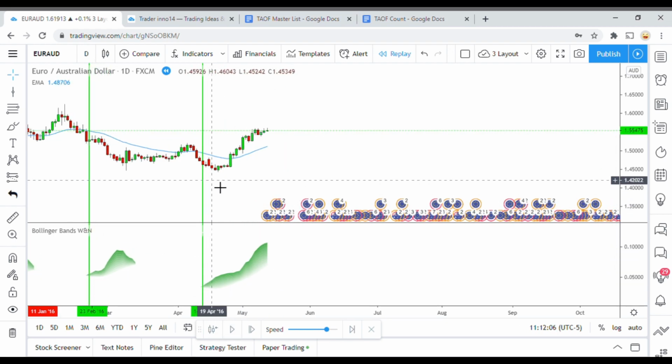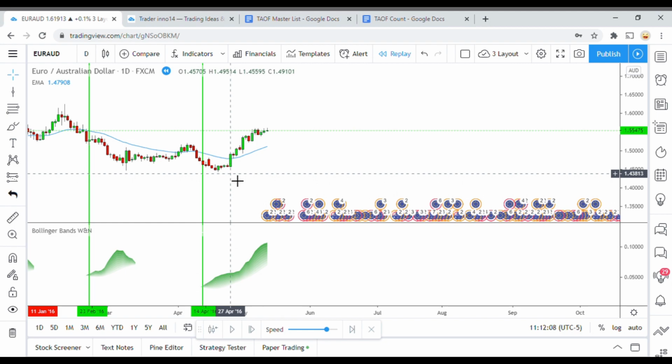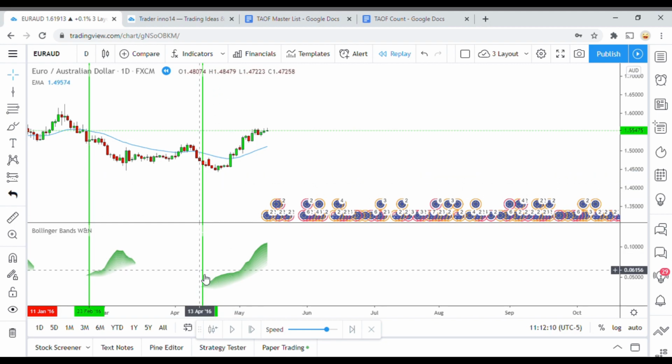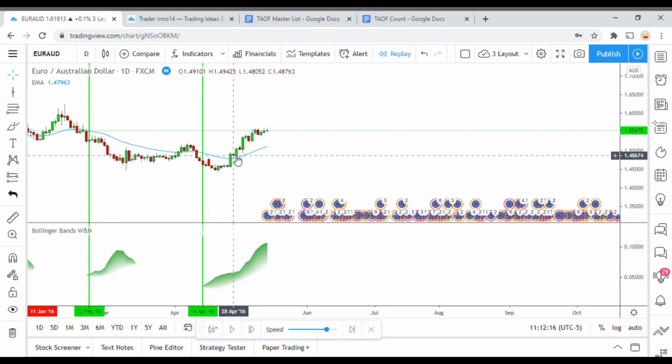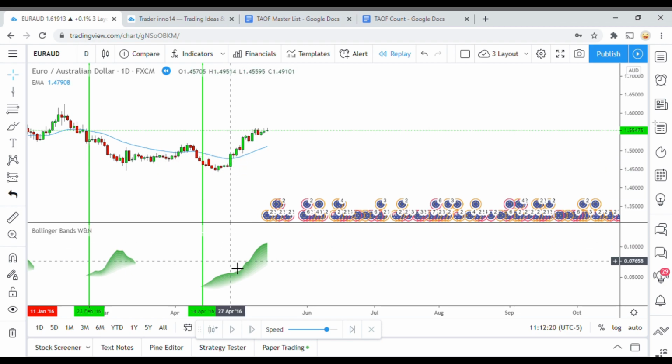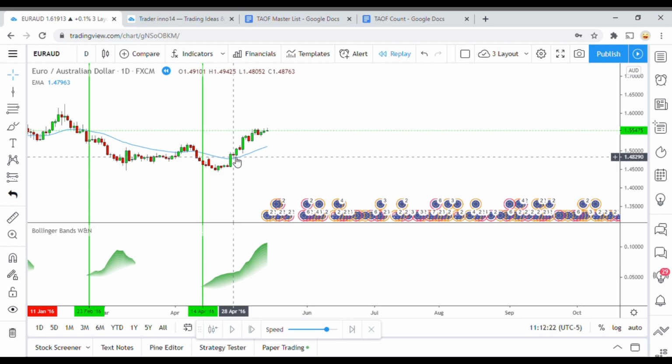Now this is interesting in this particular case because the green cloud appeared while we were under the EMA, and then it reversed, it spiked up above the EMA, and the green cloud is still appearing.